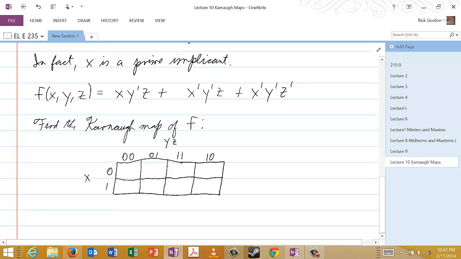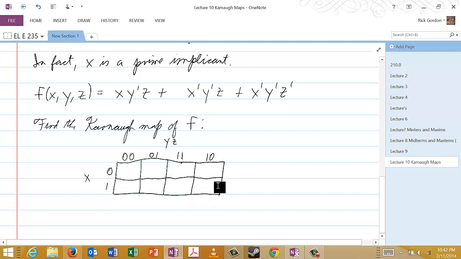Now, another thing you need to know about the Karnaugh map is that although it appears to be just a rectangle, actually its right-hand edge is connected. We should consider it to be connected to its left-hand edge. So for instance, if we're right here in this cell, we can move right, and where we will go if we move right from here is to here.